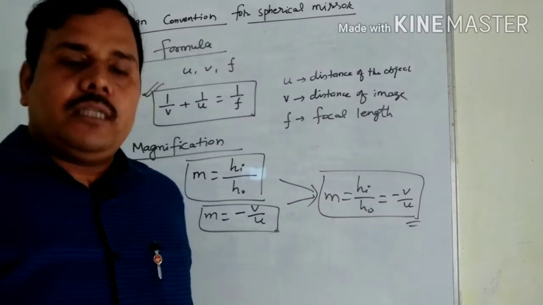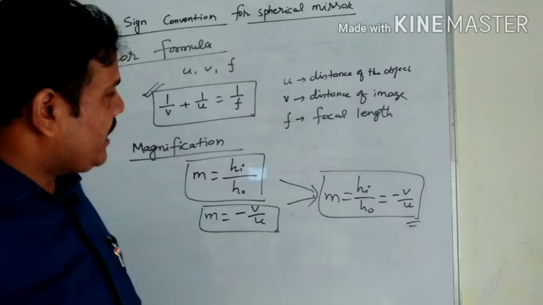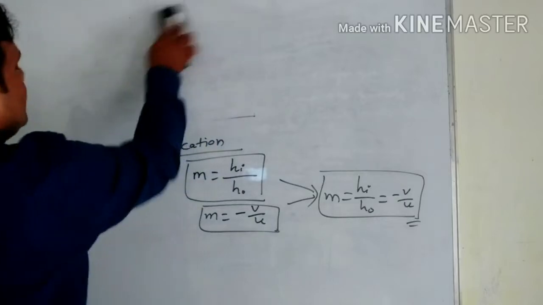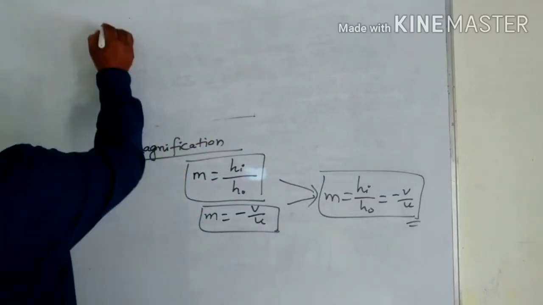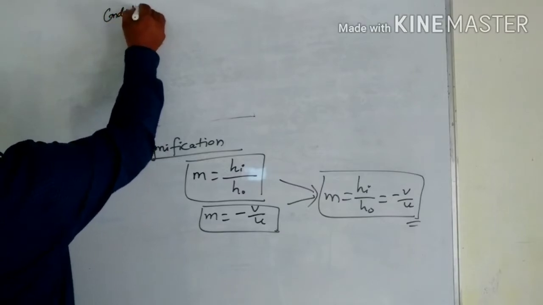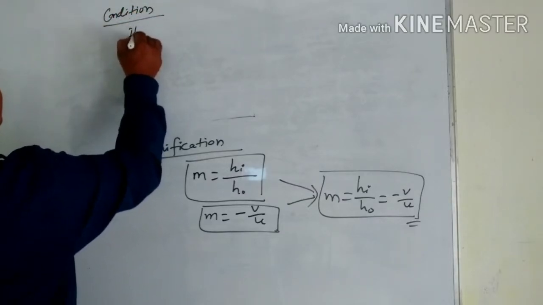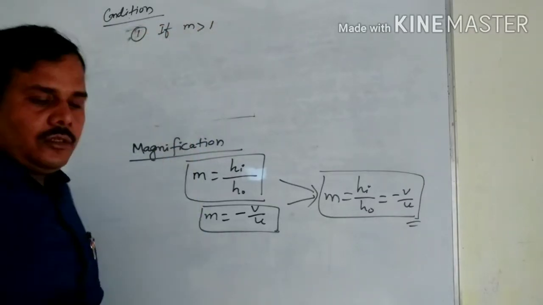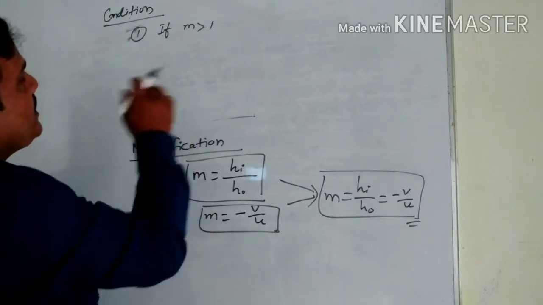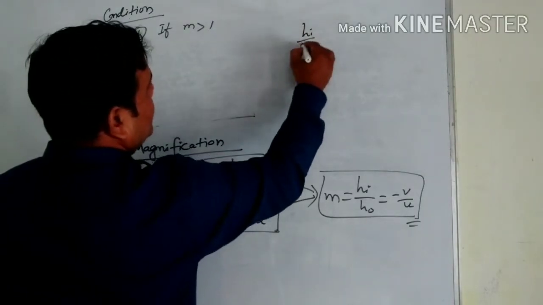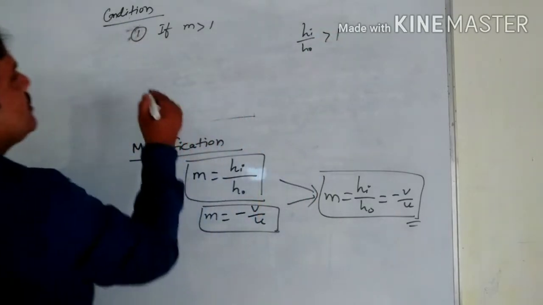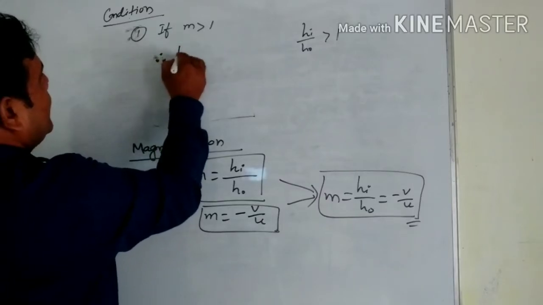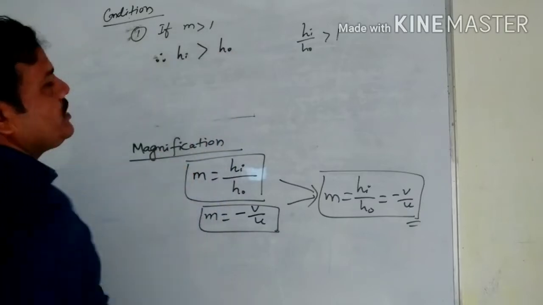Okay children, so like this we will solve. See, here are some conditions for magnification. First condition: if m is greater than 1, what is the meaning of this? Height of image by height of object is greater than 1, therefore height of image is greater than height of object.